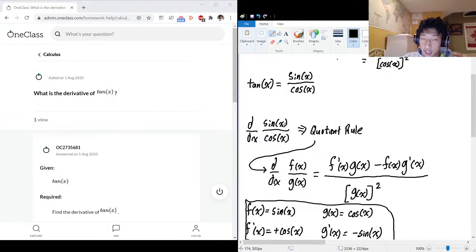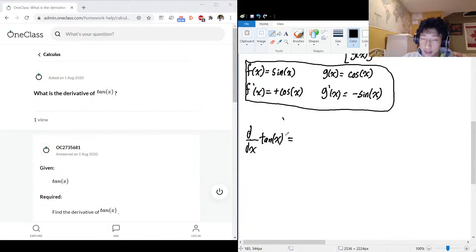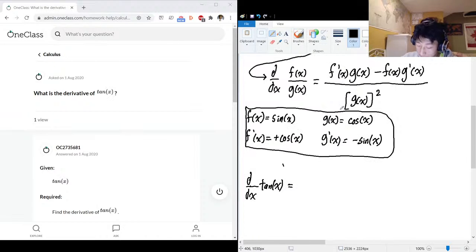As shown here, it's the same as the derivative of sine x over cos x. So let's input our stuff in the box into the general quotient rule formula. So we've got f prime, cos x, multiplied by the natural bottom, which is just cos x. Let's just square the cos x, because it's just cos x times cos x, right?